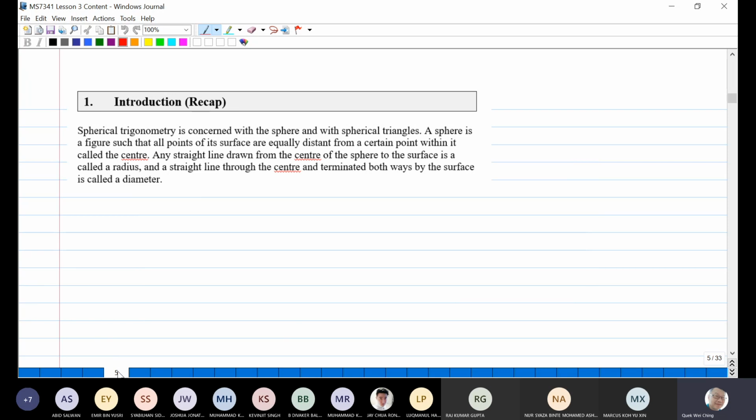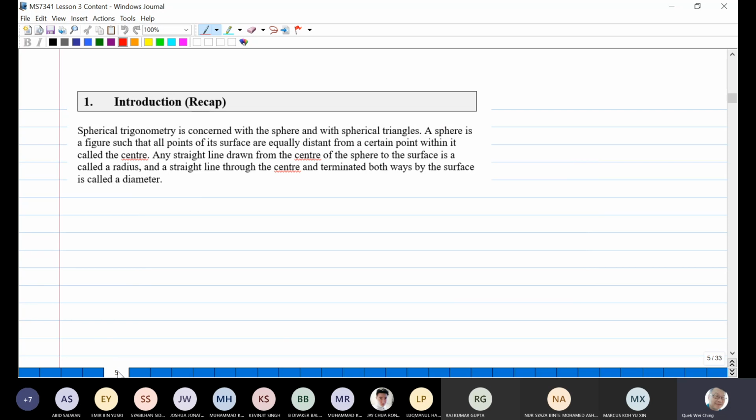A straight line drawn from the center of the sphere to the surface is called the radius, and a straight line through the center and terminated both ways by the surface is called the diameter.